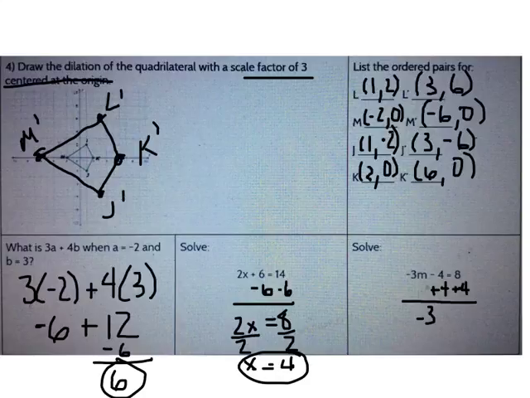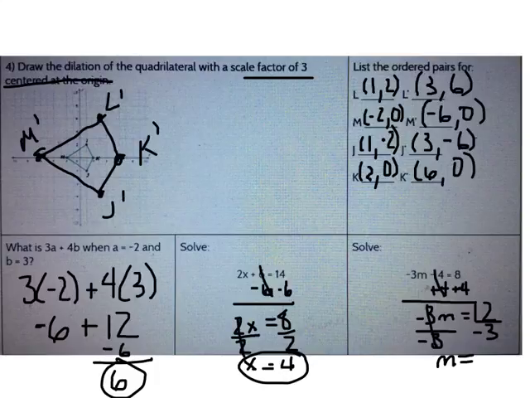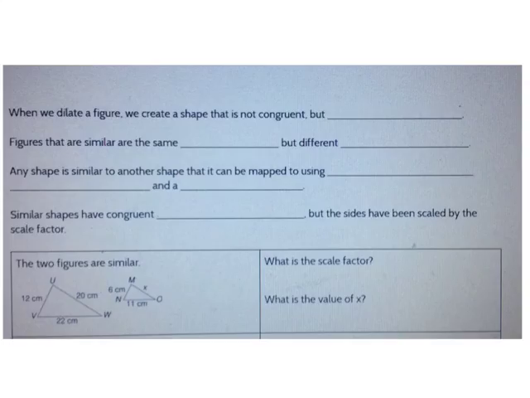So I would have negative 3m equals 12. Now, to get m by itself, to isolate the variable, I can divide both sides by negative 3. So what does m equal? M equals negative 4. 12 divided by negative 3 is negative 4.